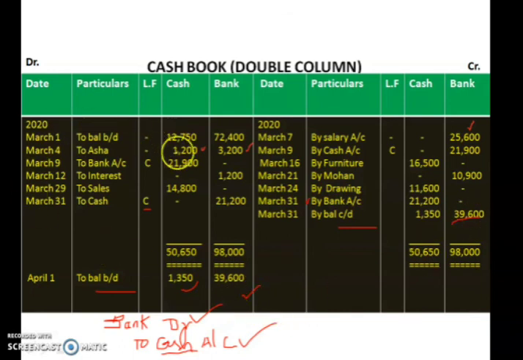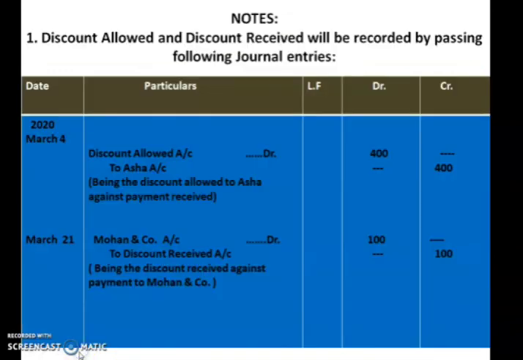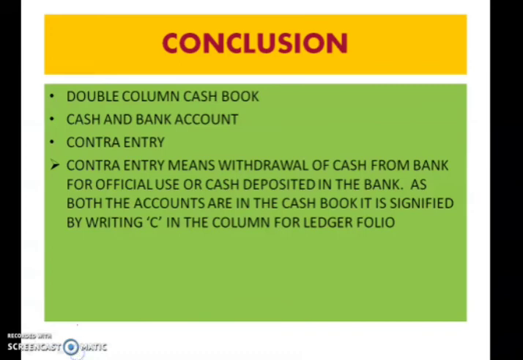So I hope you understood the way of posting the entry in the cash book when we maintain a double column cash book. Okay, now children, we can move to the conclusion of today's topic. Today we have discussed the double column cash book, in which cash and bank account columns are maintained.